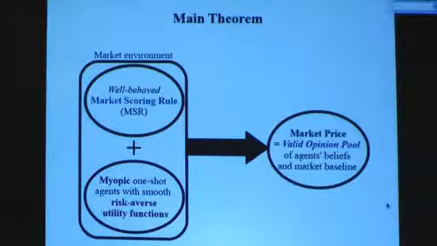We show that if such traders were to interact sequentially with the market scoring rule, which is a popular family of methods for implementing prediction markets, then the resulting price process is equivalent to an opinion pool, which is itself a standard belief aggregation procedure that has been studied for a long time in various fields such as political science. This is the most general result we have.